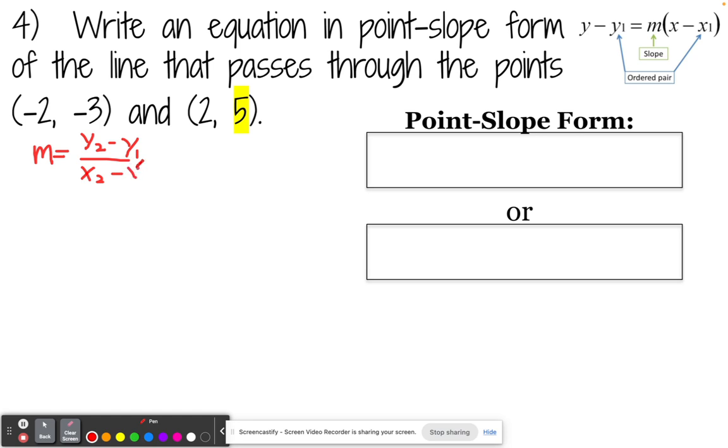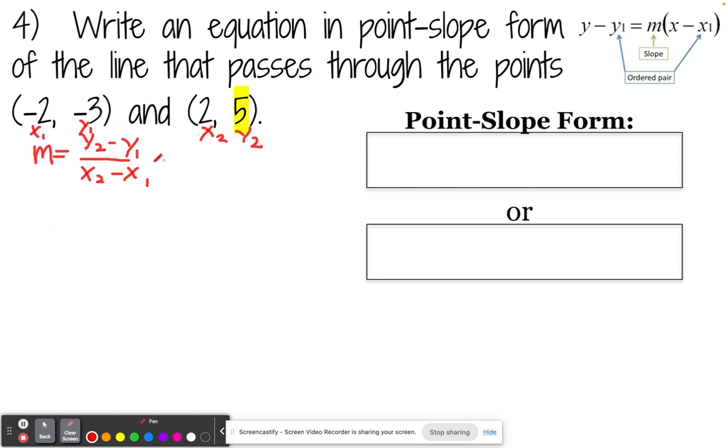Now, I don't want you to confuse these. If I label this y1 when we write our second equation, this can just as easily be y1. It doesn't matter. But for the sake of my slope, I'm going to call this x1, this one y1, this one x2, and this one y2.